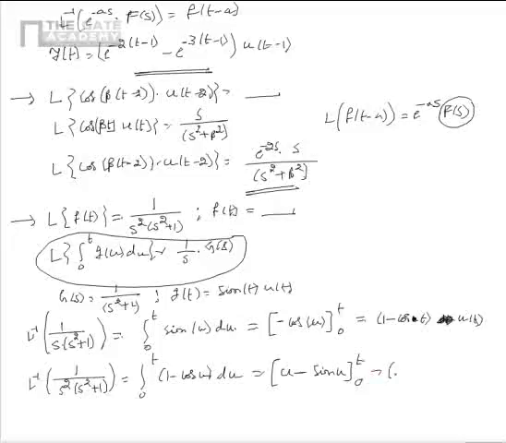This upon simplification becomes t minus sin t u of t. From this we see that if L of f of t is equal to 1 by s square into s square plus 1, f of t can be written as t minus sin t multiplied by u of t. This is the required answer.